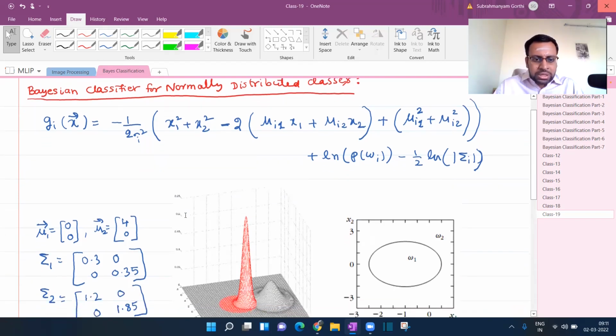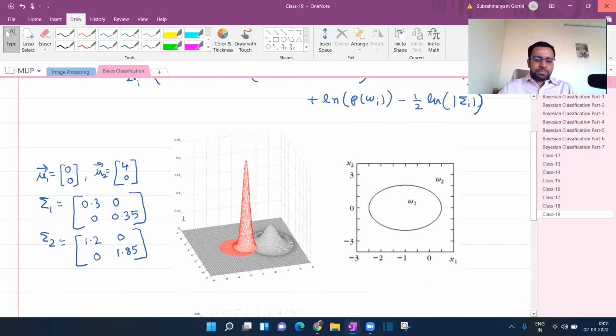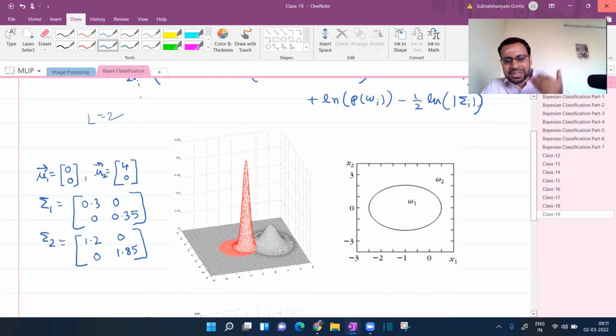Here are a few graphs or plots for some of these. We are right now considering l equal to 2. These are all plots for l equal to 2, because that's something you could draw and see clearly in a three-dimensional space.